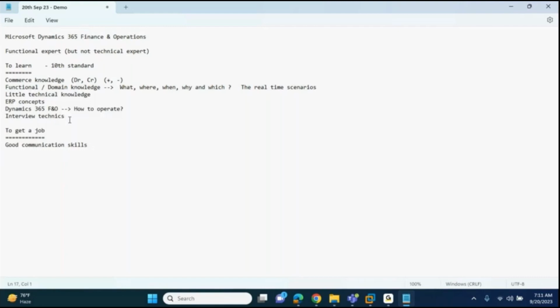Excellent vocabulary is not required. At least whatever you are thinking in your mind should be expressed to the opposite person in a proper manner. That is enough. And education qualification.